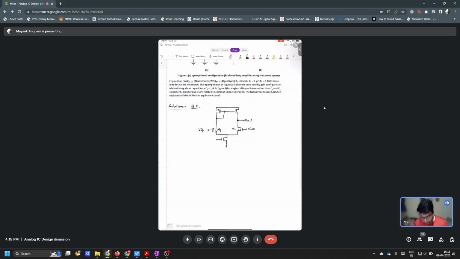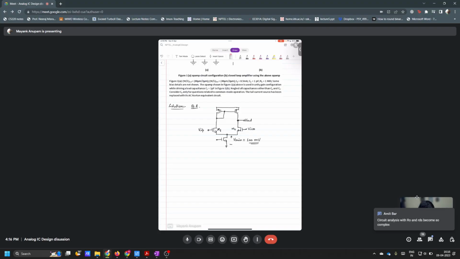They have already mentioned that you require a certain minimum voltage here, 100 millivolts, right? So now tell me what should be the minimum common mode voltage at this input. That is the question, right? Why is the question asked in that manner? Why have they asked for the minimum at this point?